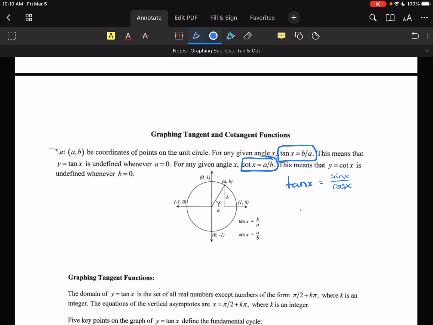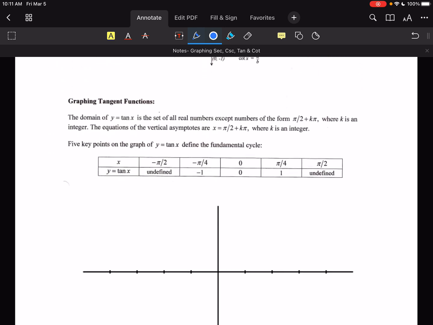Okay, so cotangent would be cosine of x over sine of x. Again, because I'm dealing with fractions here, I'm going to have those undefineds, which we've evaluated and found in previous units. But now we have to deal with graphing these and dealing with those undefineds. So again, we're going to have some asymptotes here. So let's look at tangent first.